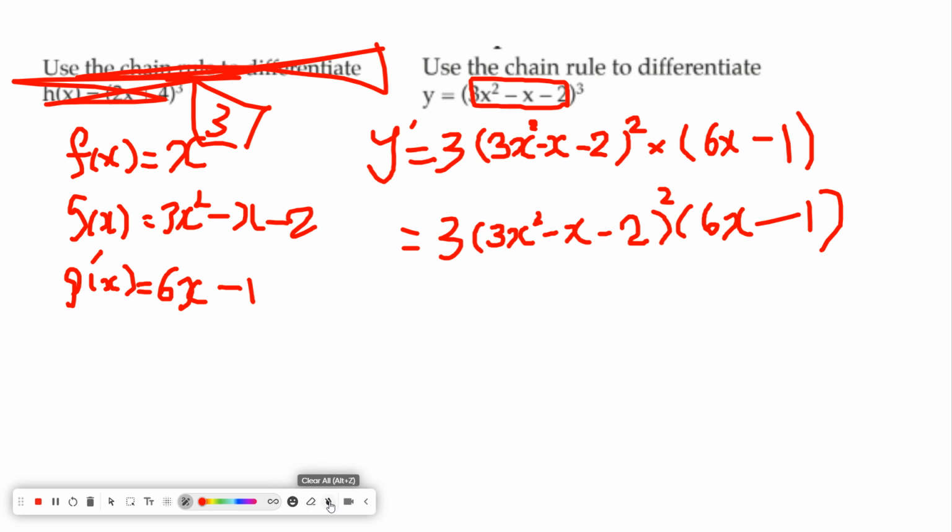I think that's about it. If you can work on the workbook, chain rule is page 91, then 92, and then 93 and 94.